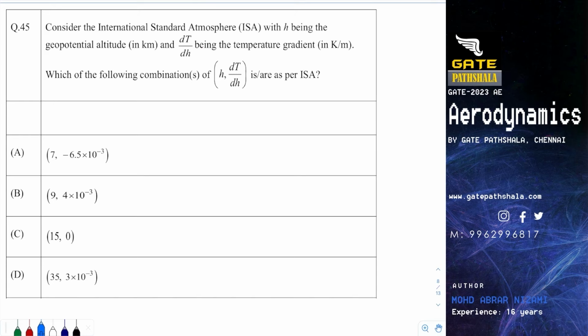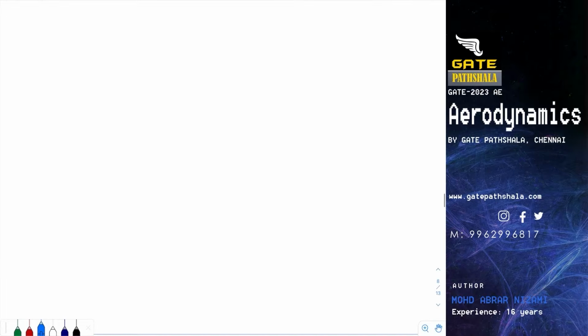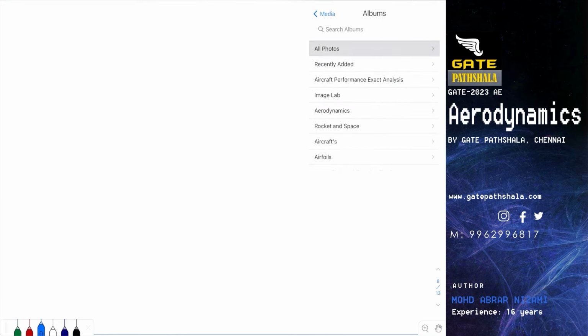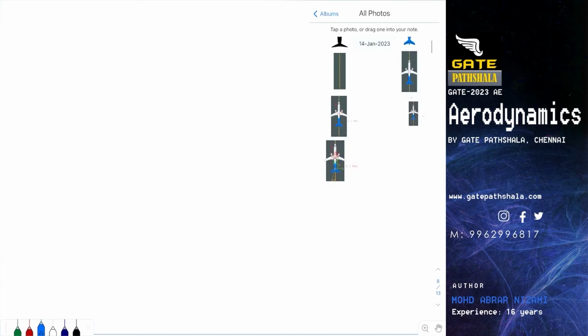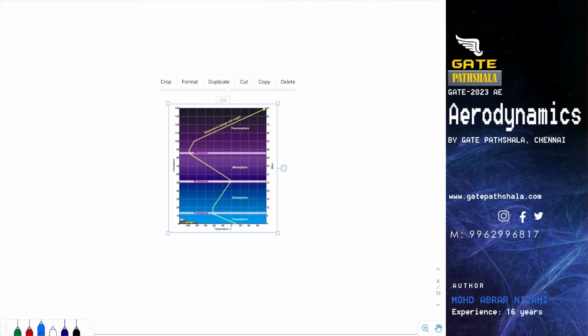Here h is the altitude, and dT by dh, that is the temperature gradient, is called the lapse rate. They gave 4 different options. So let's look first at how the lapse rate varies in the atmosphere. For this, let me take this figure from our previous class notes. Okay.